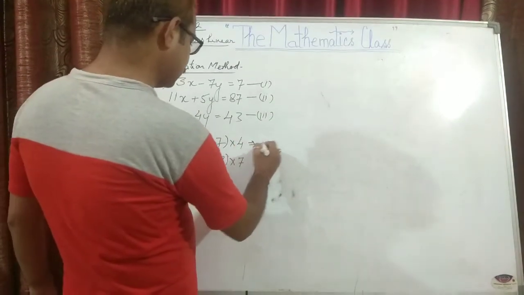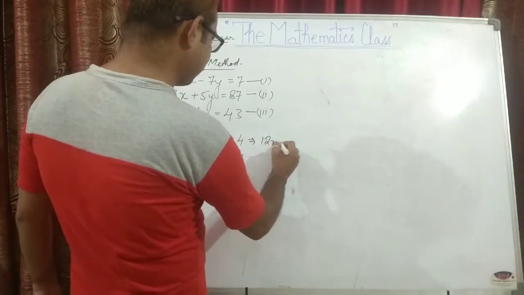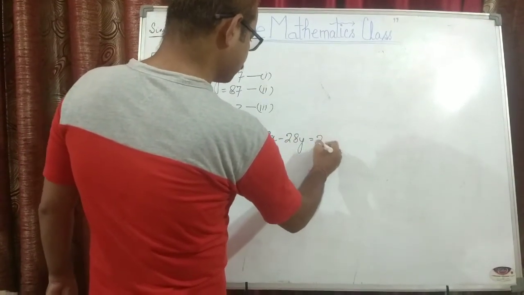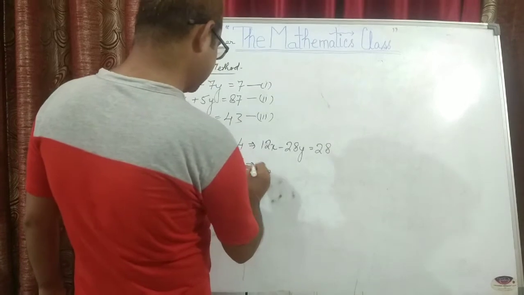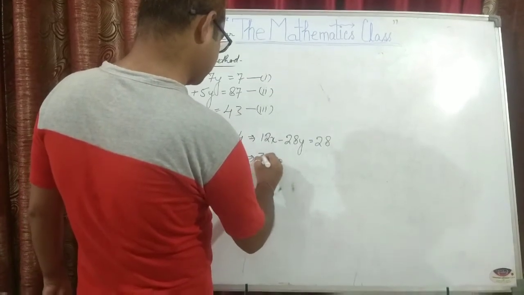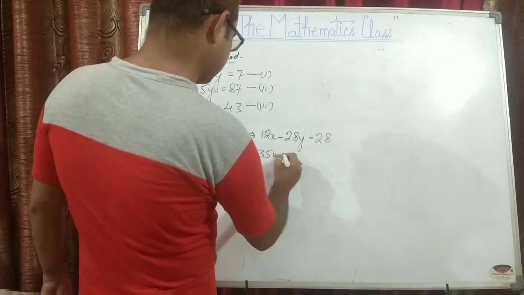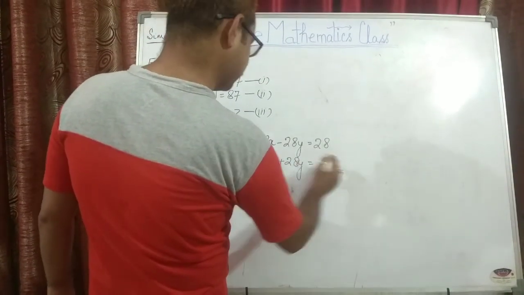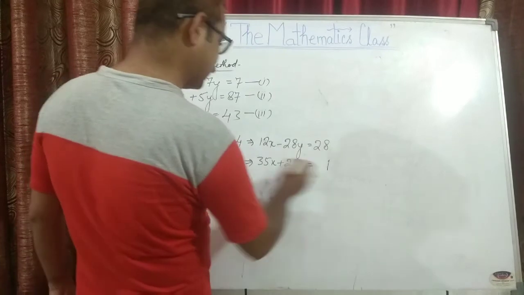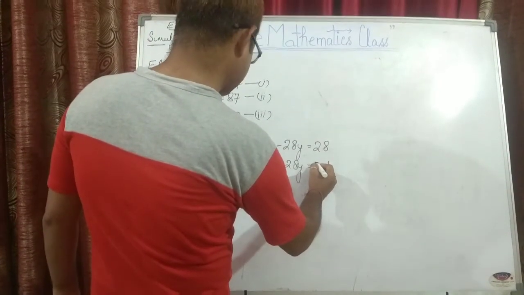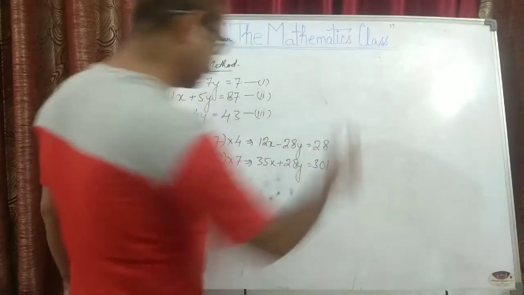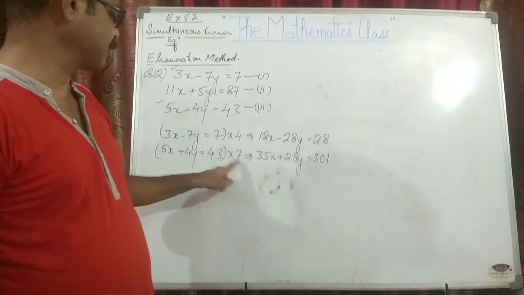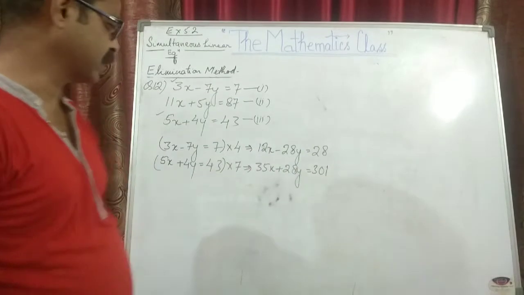So in this you will get 4 3s are 12x minus 28y is equal to 28. In the second equation, 5 7s are 35x plus 28y is equal to 7 3s are 21, 2 carry, 7 4s are 28, and 2 is 30, 301.